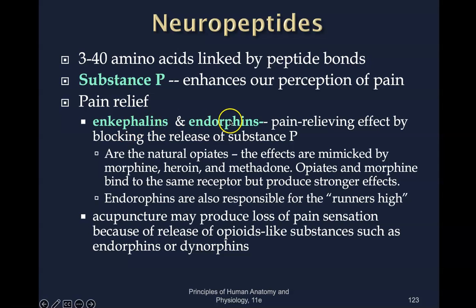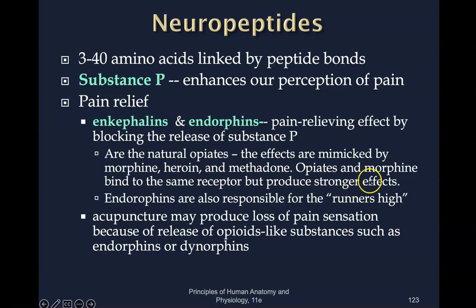We produce these naturally, which is why we call them our natural opiates. The effects of these two molecules are usually mimicked by the drugs that we take, things like morphine and heroin and methadone.